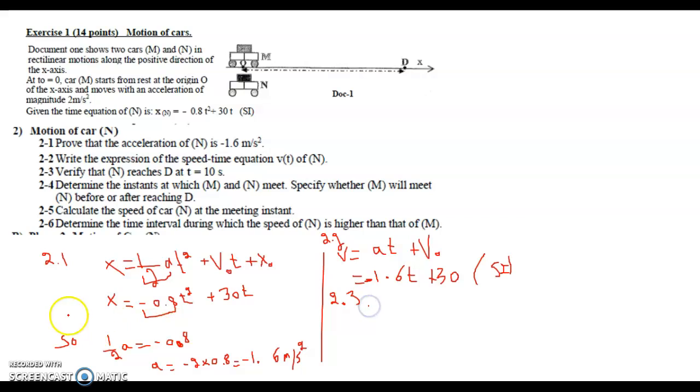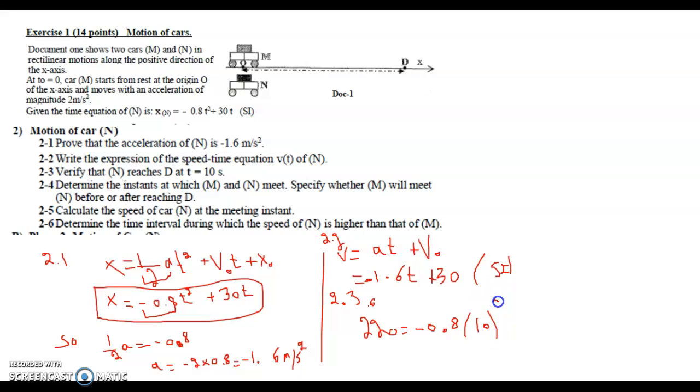So in this equation, let's check, is xd, 220, equal to minus 0.8, and instead of t squared I have to substitute 10 squared, plus 30 times 10?